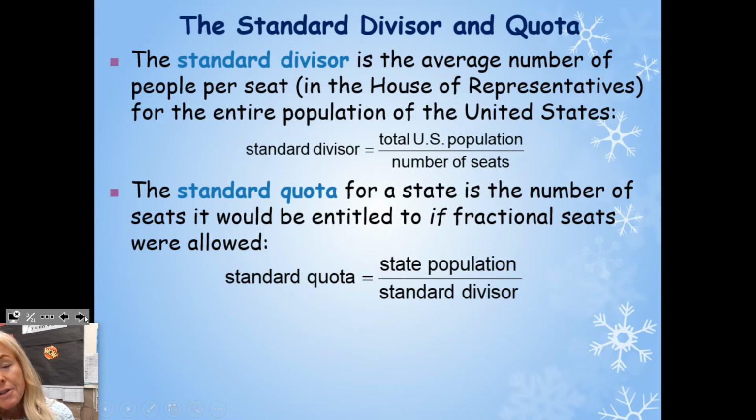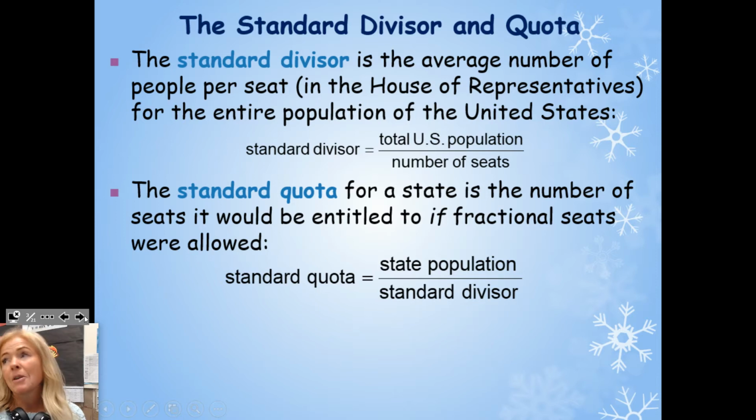However, if we have 435 seats and we do all the division, we add up all the House of Representatives that would be representing each state, then say we have 435, maybe we'll get 430 total. Now, the trick is, well, what happens with those extra 5? Who do we give the extra 5 to? And luckily, the rules of mathematics and apportionment help us to determine who gets those 5.